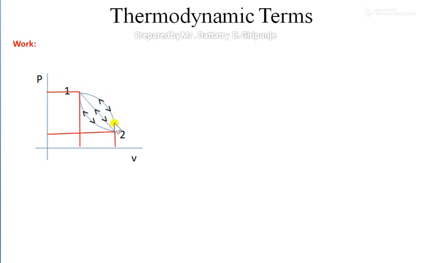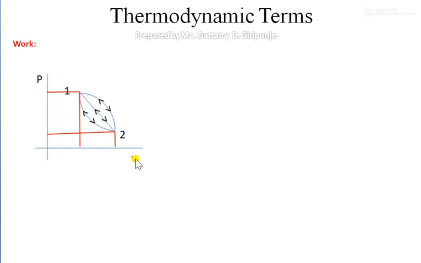At the end points 1 and 2, P1 V1 is the same and P2 V2 is the same for all three available paths. It's not that one path has different values of P1 V1 or P2 V2.